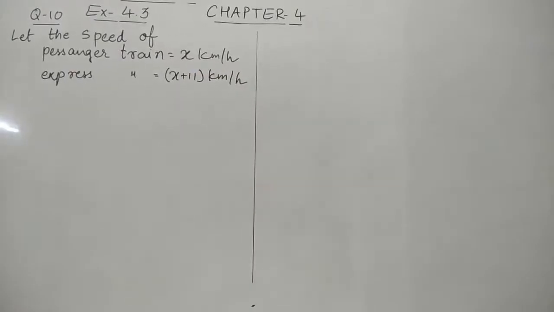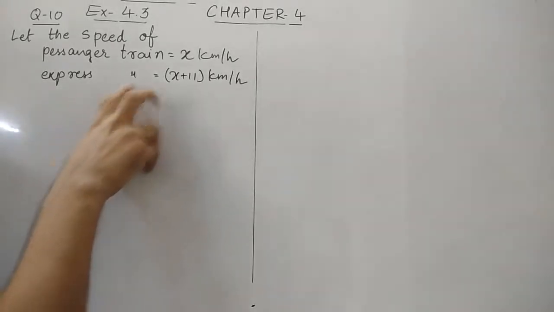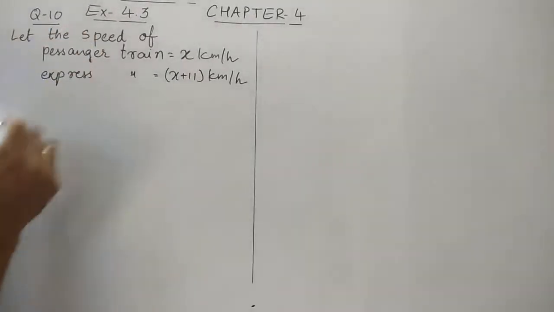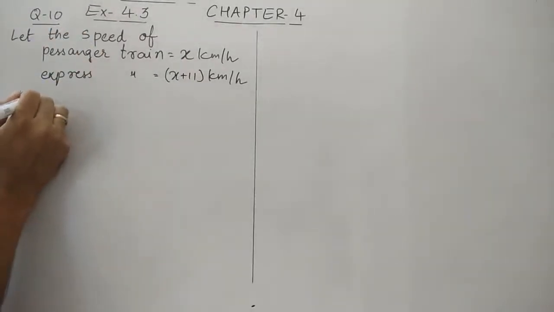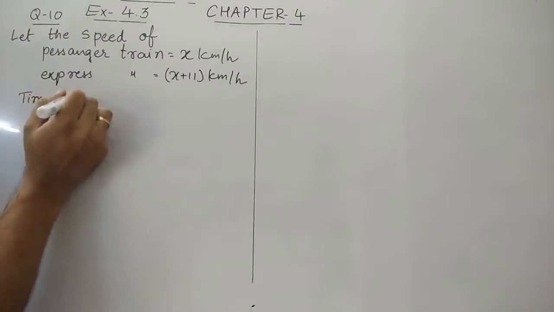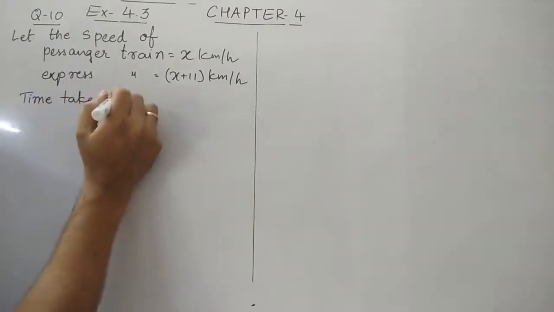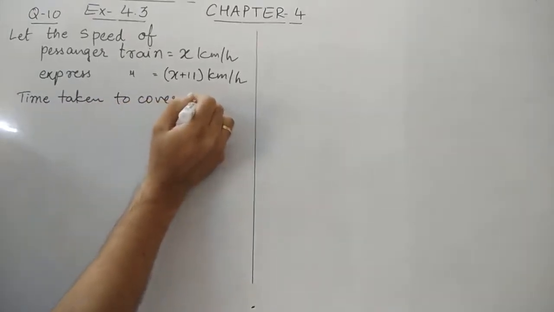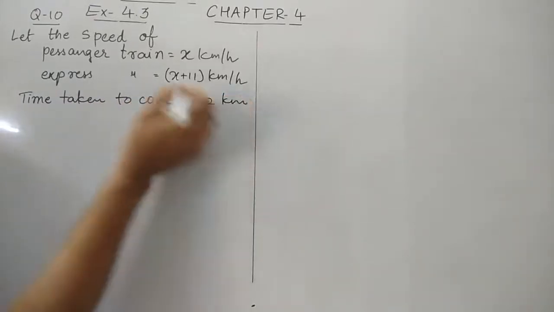Now again students, we can correlate with question number 8 which we have already seen, the train question. They have given the distance covered is 132 km. So let's find out the time taken by both the trains to cover 132 km one by one.